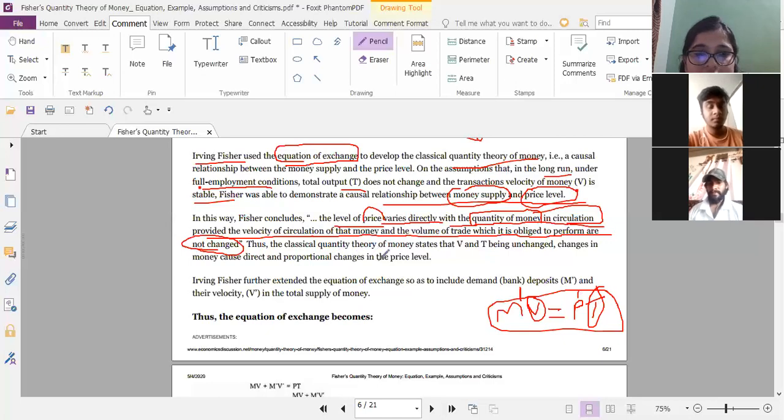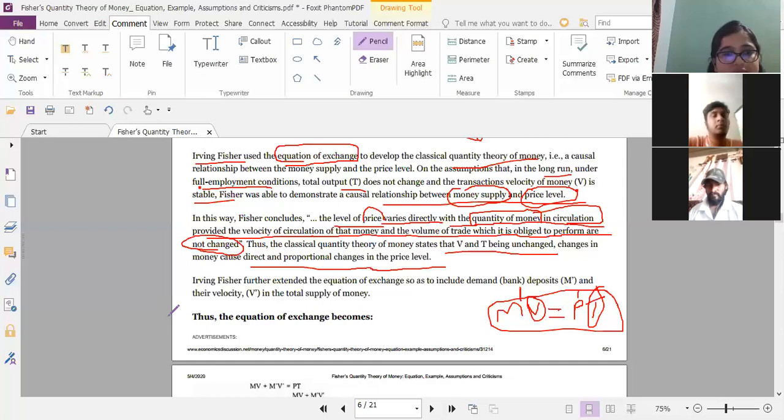Thus, the classical quantity theory of money states that, V and T being unchanged, changes in money cause direct and proportional changes in the price level. So there is a direct and proportional change in the price level with change in money, right?